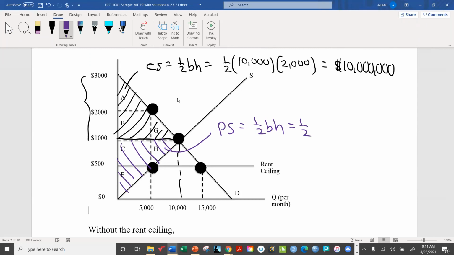And then, okay, the height is different. So from the producer's perspective, the base is still 10,000. The height is only 1,000. So the producer surplus is $5 million.